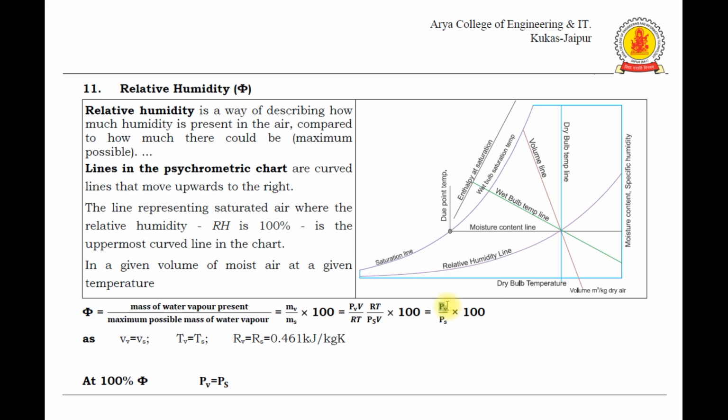This term we have to calculate by Carrier's equation, and this term we can easily get from the steam table. How? This is corresponding to the dry bulb temperature.